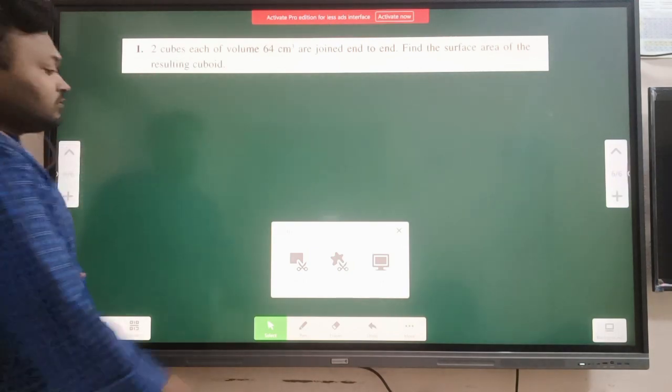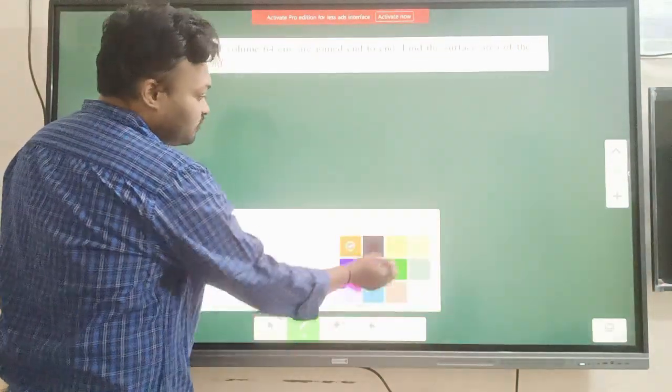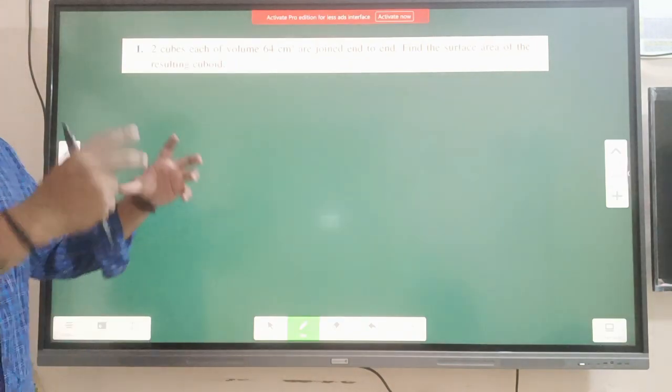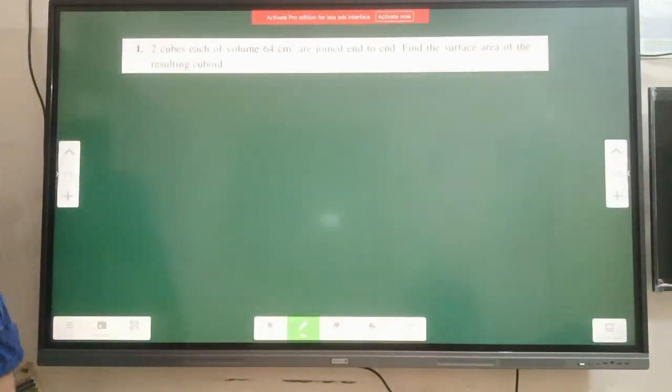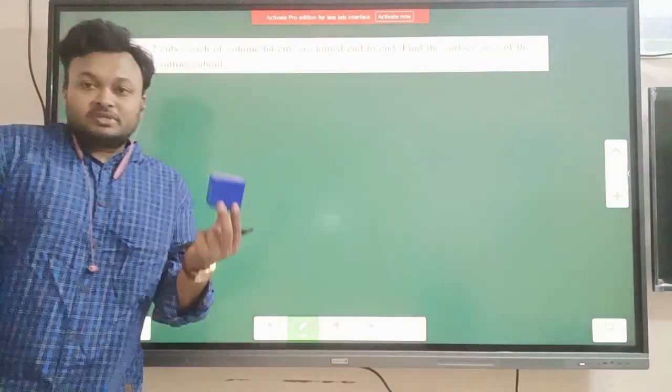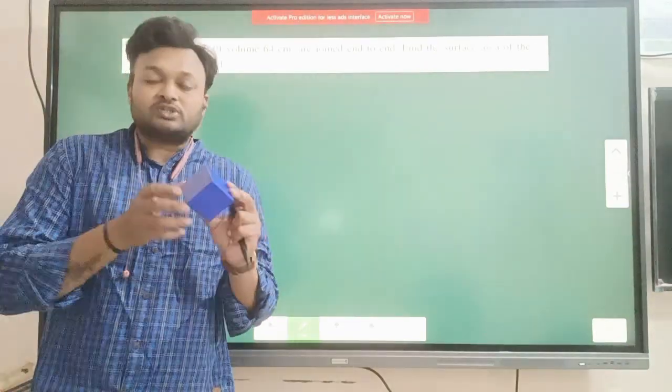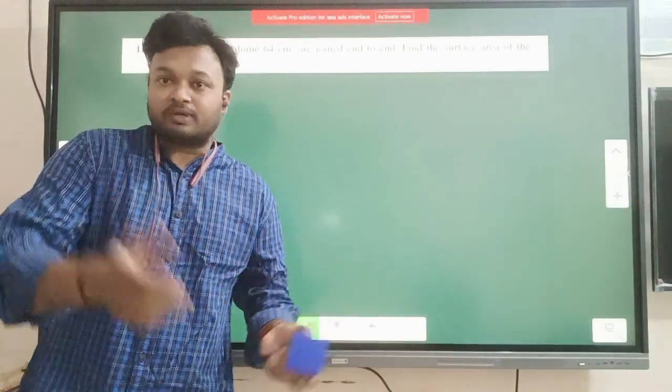Two cubes each of volume 64 centimeter cube are joined end to end. That means there are cubes. A cube is this kind of shape which has all equal faces. We also played with the cube.